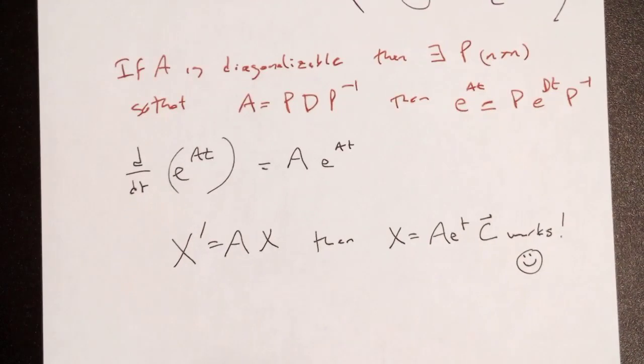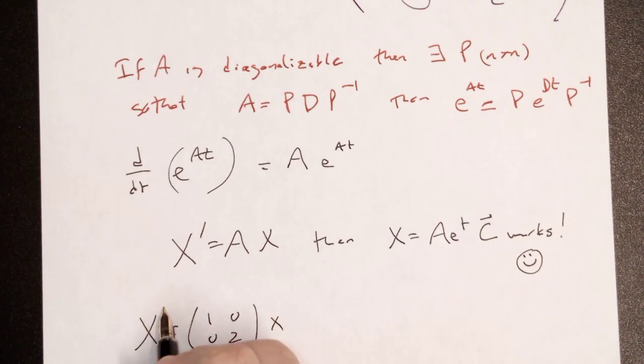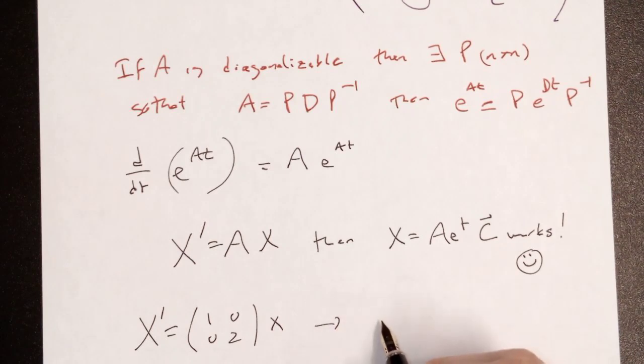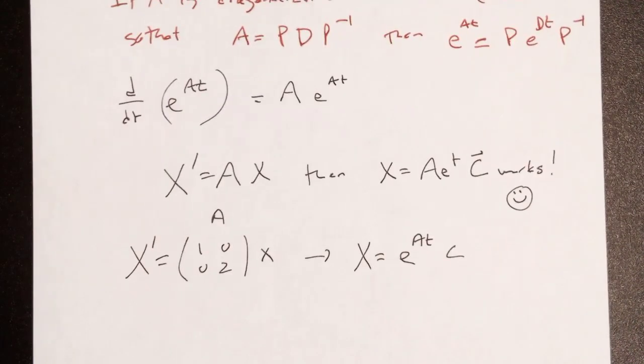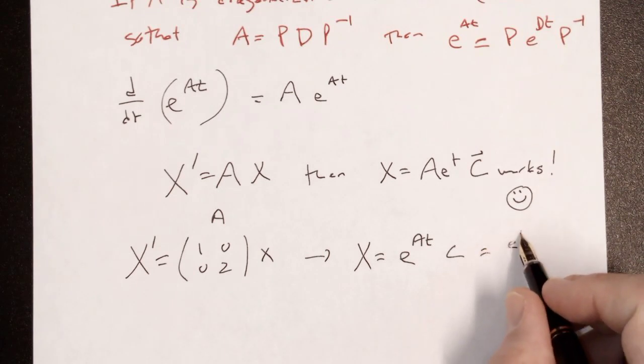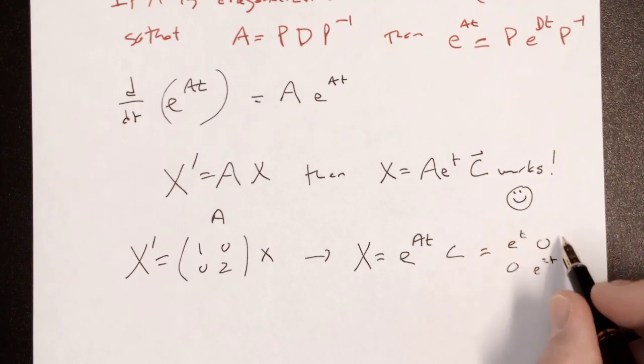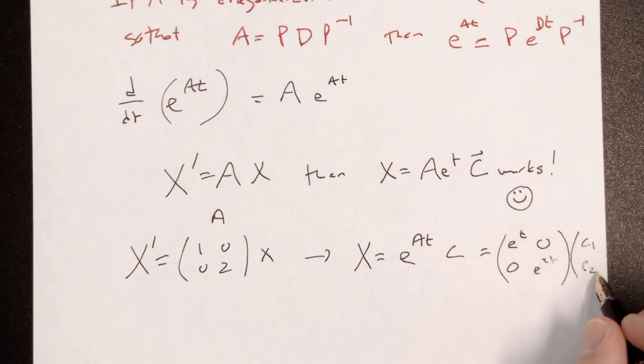So if I give you the set of differential equations x prime equals the matrix 1, 0, 0, 2, like that, we're done. I don't even have to deal with the equations. I just know the solution, we'll call this matrix A, is e to the at times constants, which gives me e to the t, 0, 0, e to the 2t times c1, c2.